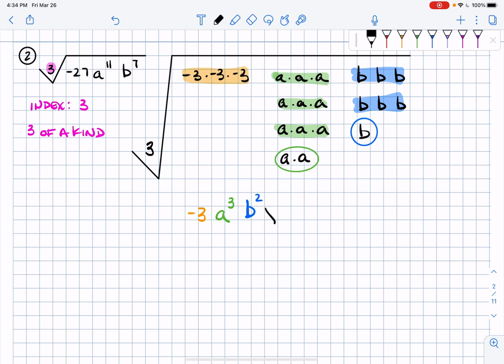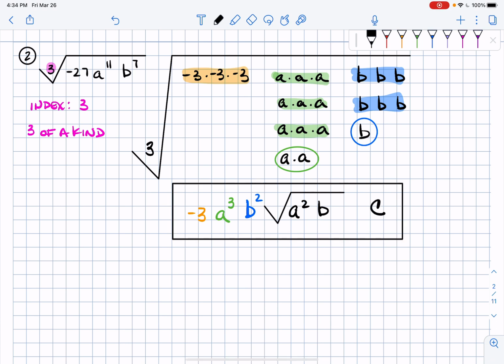And then I'm left with A squared and a B inside, which is the 2 that are circled. So that would be my answer. And that, ladies and gentlemen, will be choice C. There we go. That's number 2.